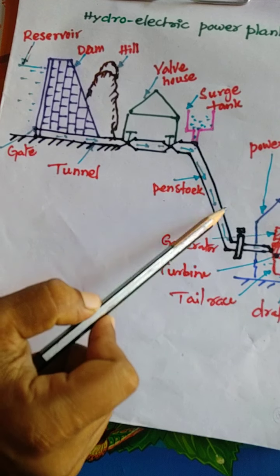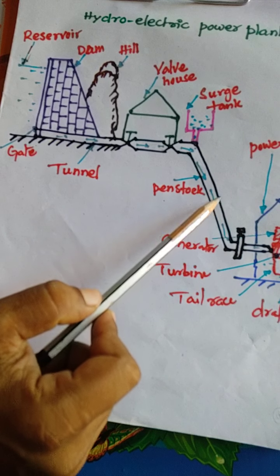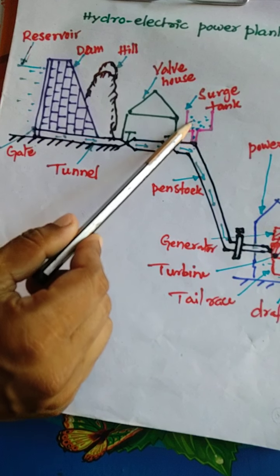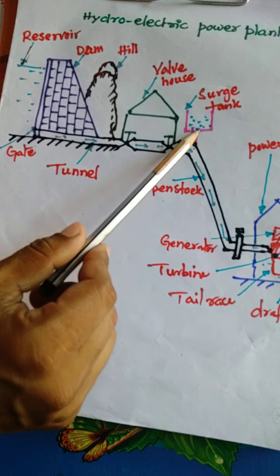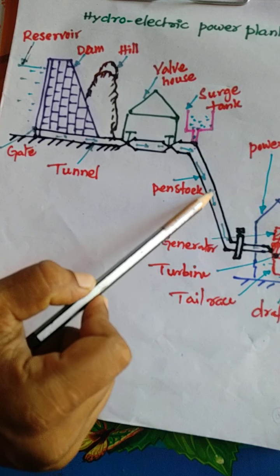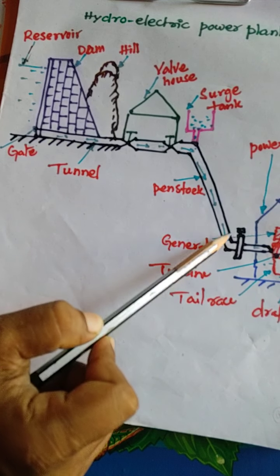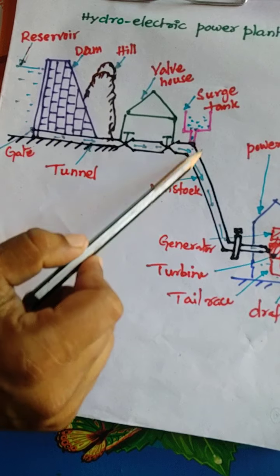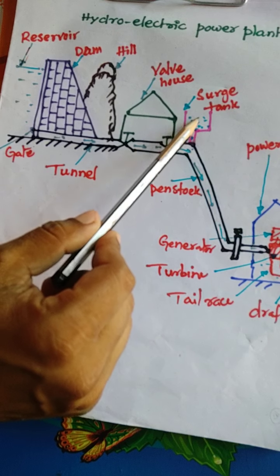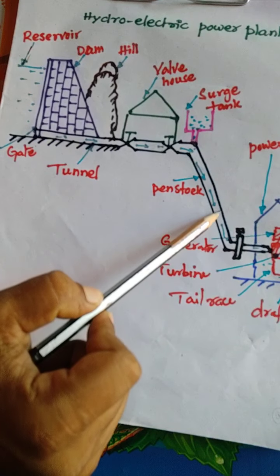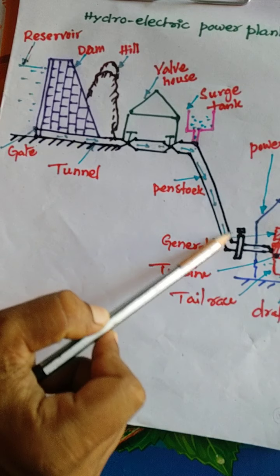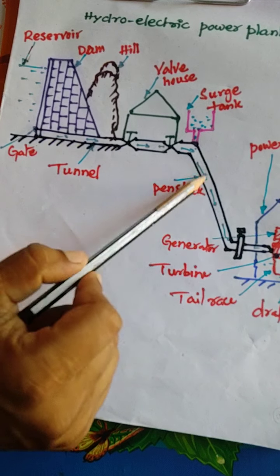Due to that, the pipe may be damaged. So in order to reduce that, we provide the surge tank, so that the excess water that entered this pipe is taken back to the surge tank, which relieves the fluctuations and protects the pipe.